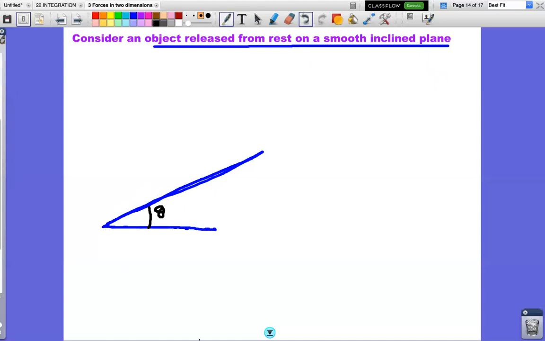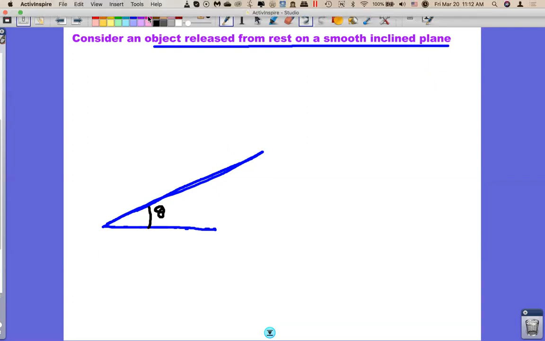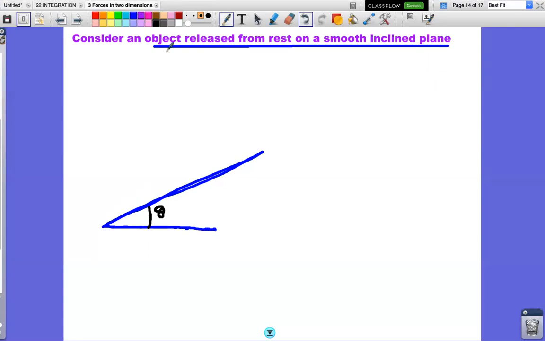And now you will be given a problem in which you will be told that there is an object placed somewhere on this plane. Let's say the plane is very smooth. The object will have to slide down.